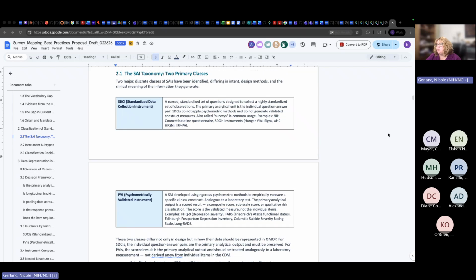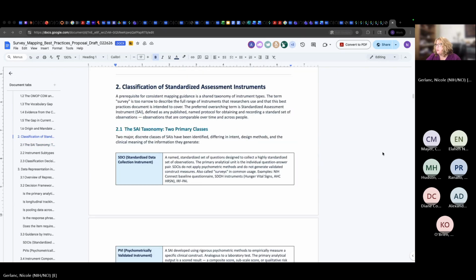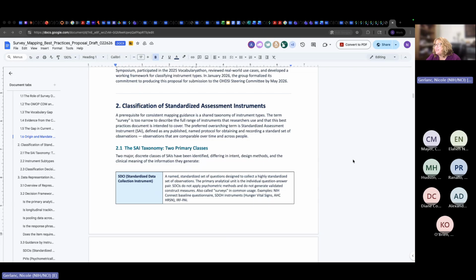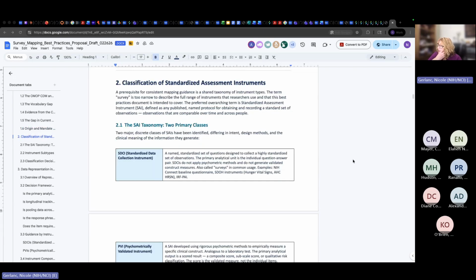There is a general definition at the level of just standardized assessment instrument that covers all the different ways that the data can be obtained.